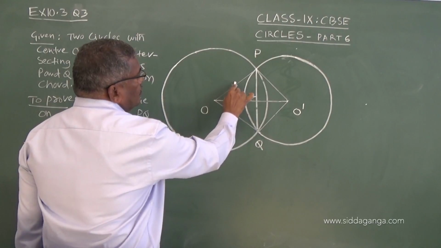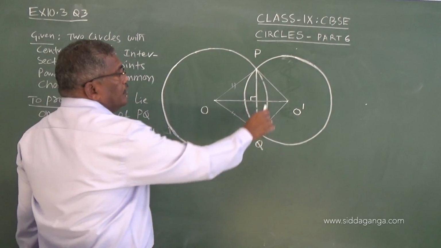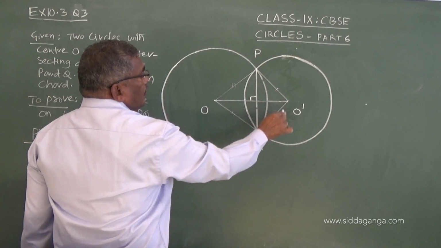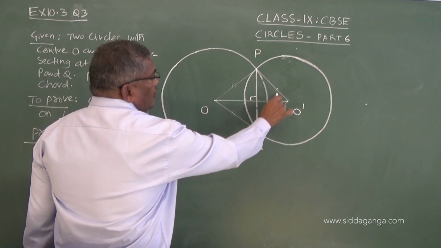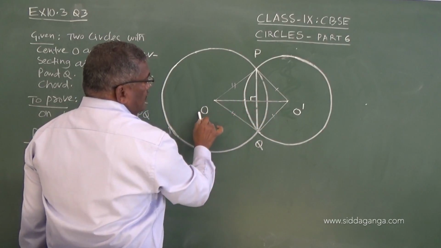This is equal to this. And PO dash and QO dash are equal because they are radii of this circle.